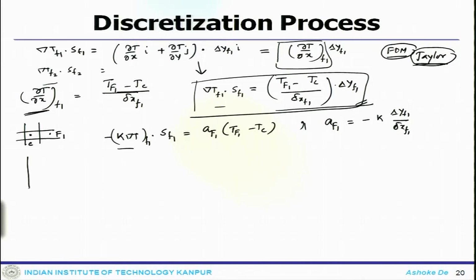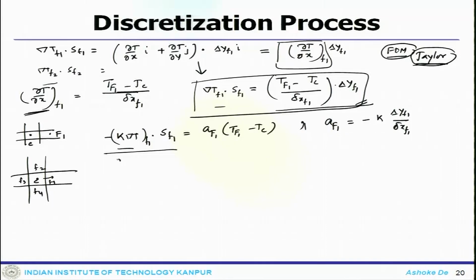Similarly, this is your element C, and these sides are F1, F2, F3, F4. You can find all the other components like this.